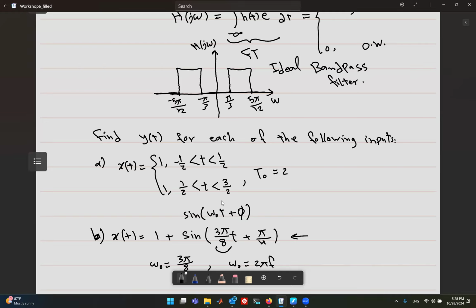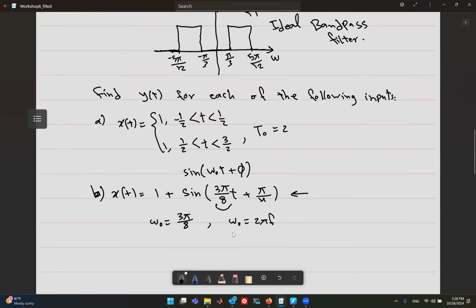But this is only correct because it's an ideal bandpass filter, so we have a perfect one. In practice, it will be different. It will not always be 1, but it will be very close to 1.